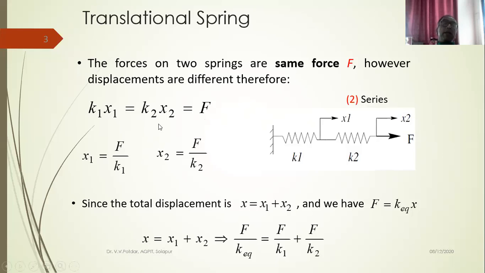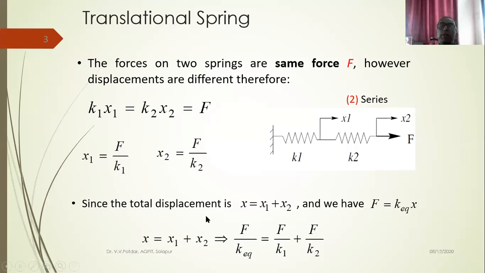So force F is equal to K1X1 for the spring of stiffness K1, and K2X2 for the spring of stiffness K2. If you solve for X1, X1 will be F upon K1, and X2 will be F upon K2.